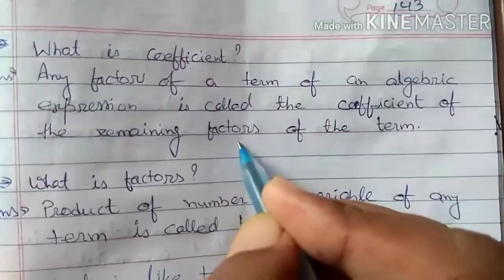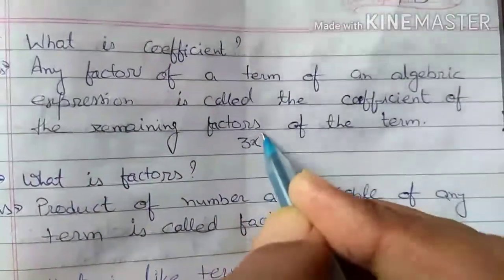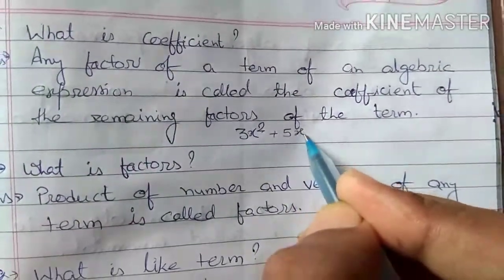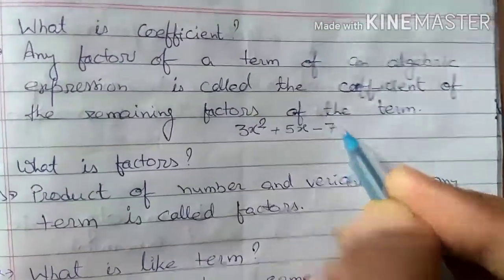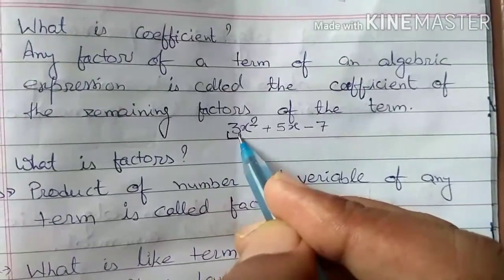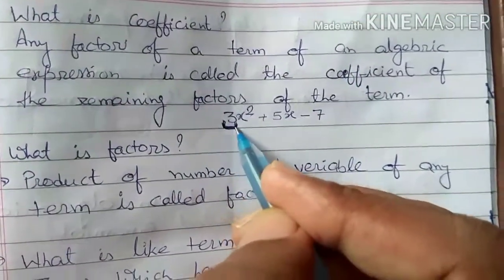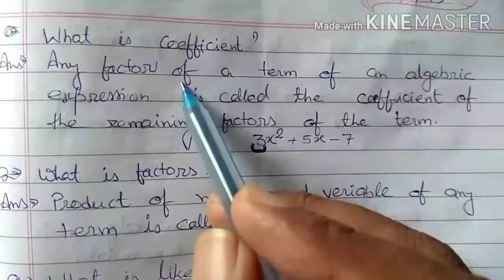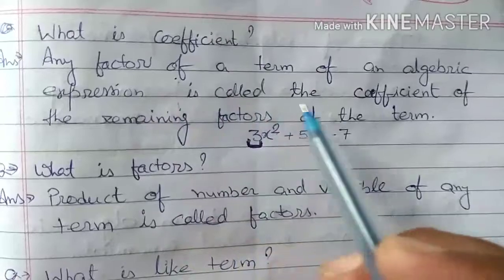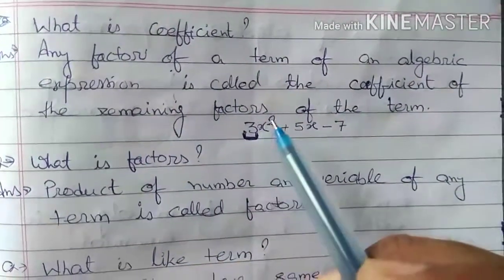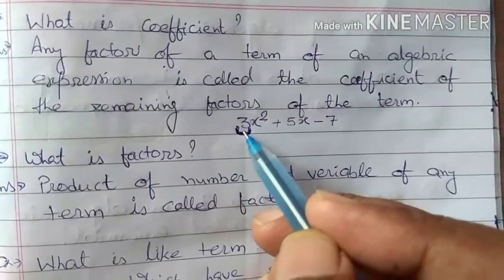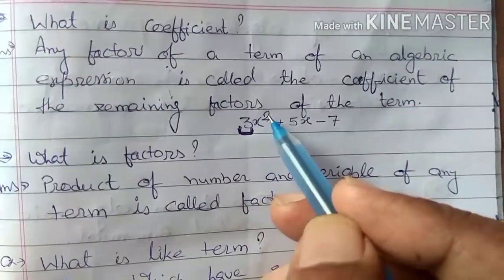Suppose 3x square plus 5x minus 7 is written. With its sign, 3 is the coefficient of x square. Any factor of a term of an algebraic expression is called the coefficient of the remaining factor.